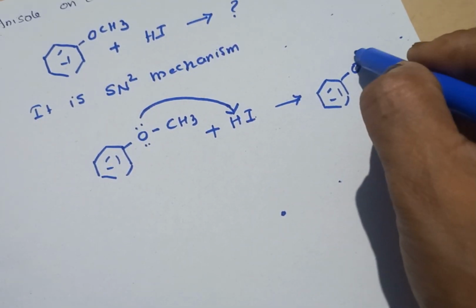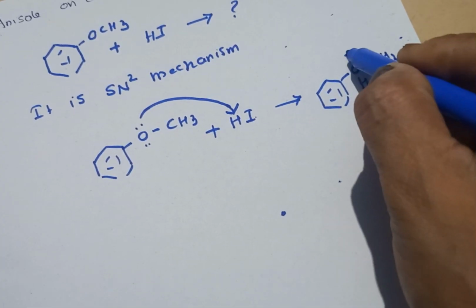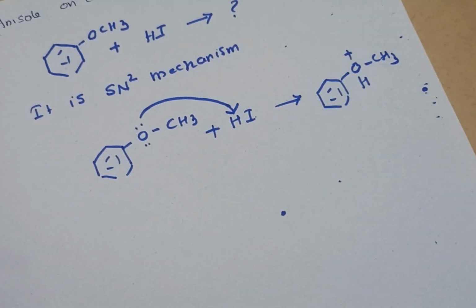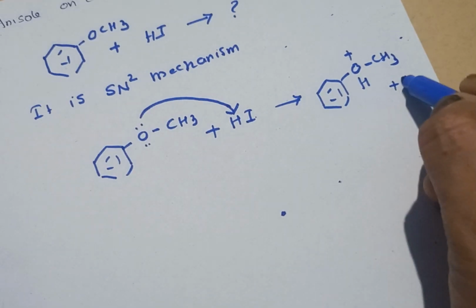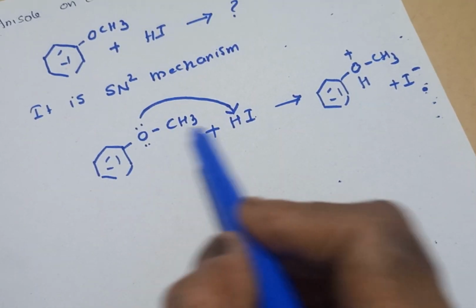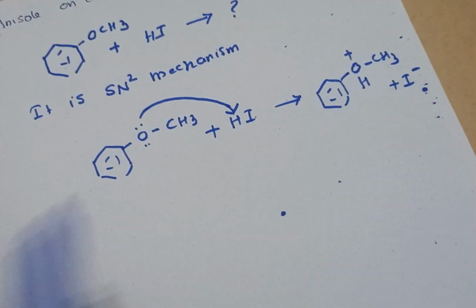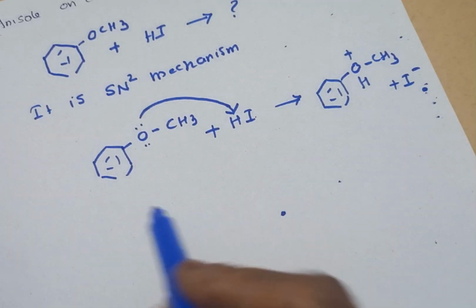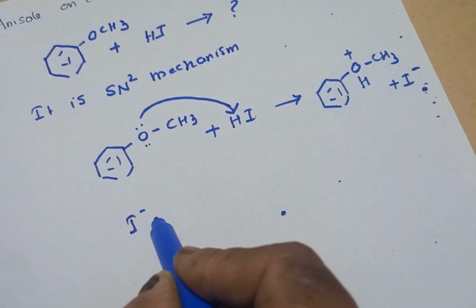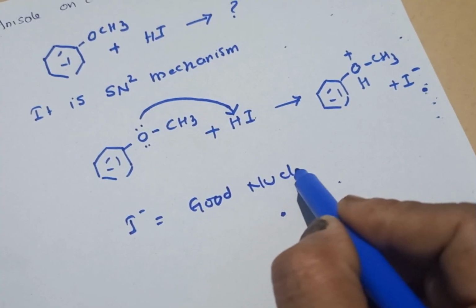This is CH3, and it gains a positive charge, plus I minus. Here oxygen is protonated by the hydrogen of hydrogen iodide, and now oxygen gets the positive charge. Now I minus, which is formed here, is a good nucleophile. All of you know it is a good nucleophile.